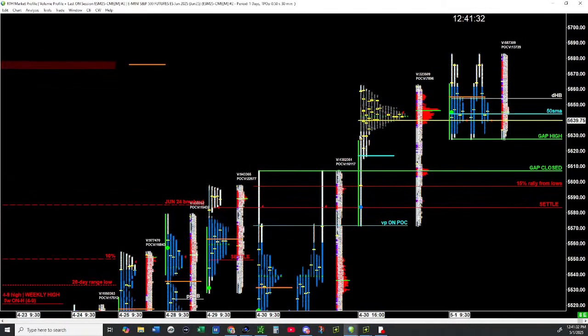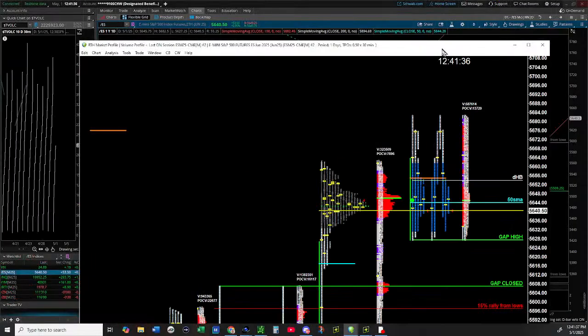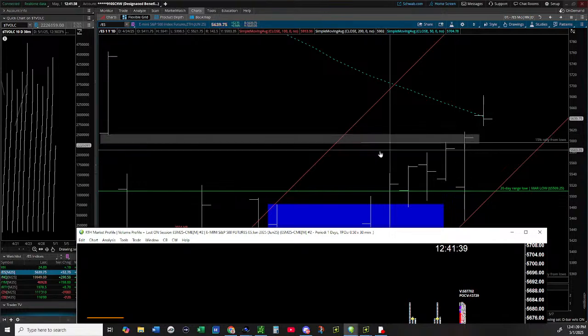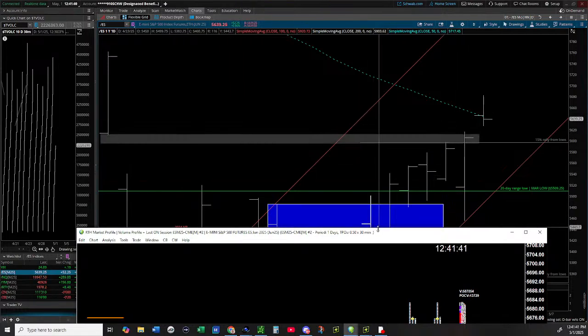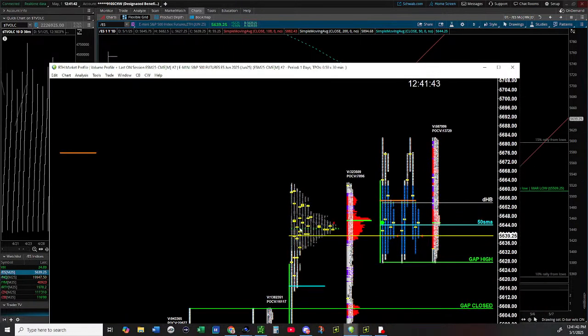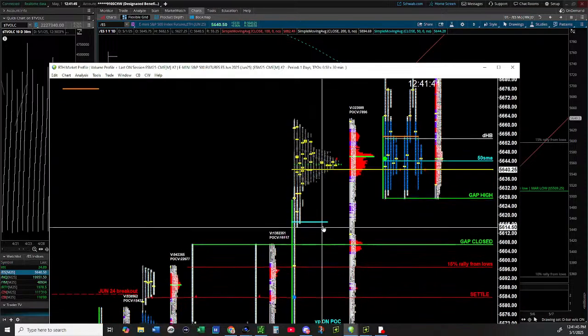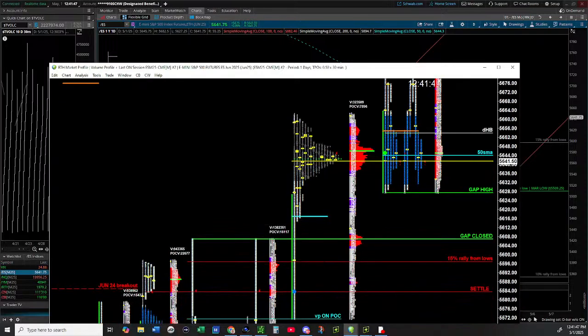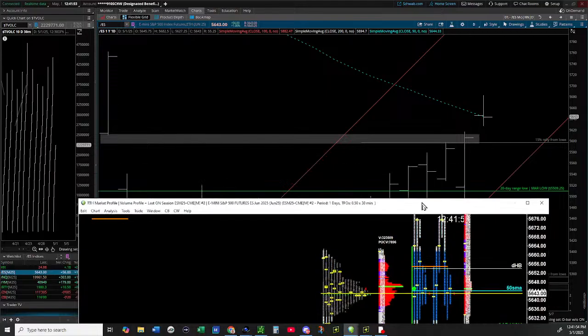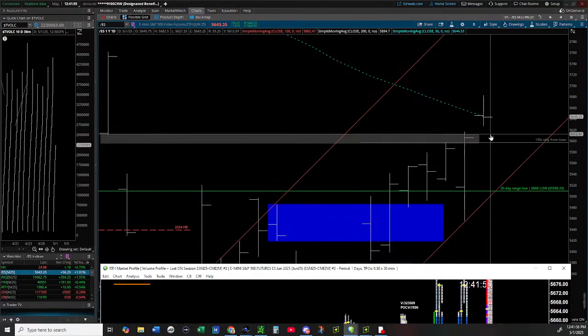Right? And here is where I have this. This gap here was closed overnight, because where's settle? Yesterday's high was 56.08, and where's the gap? 56.12.